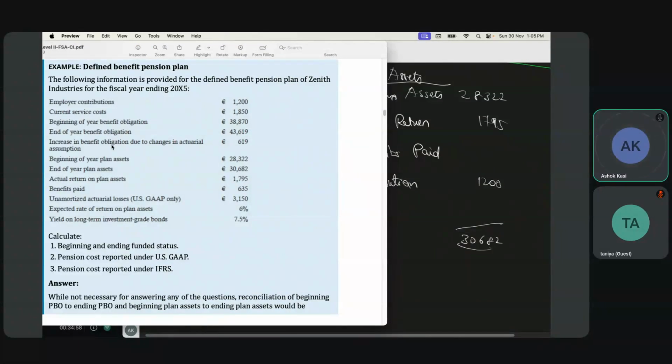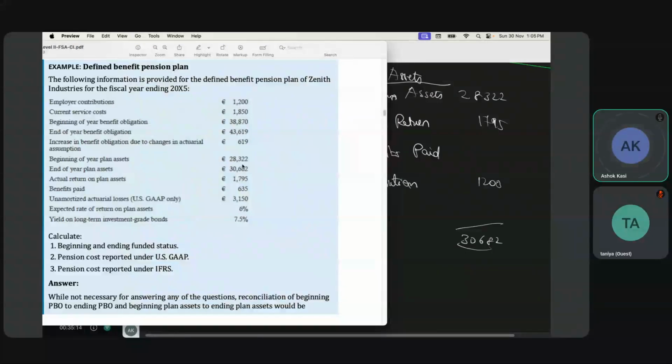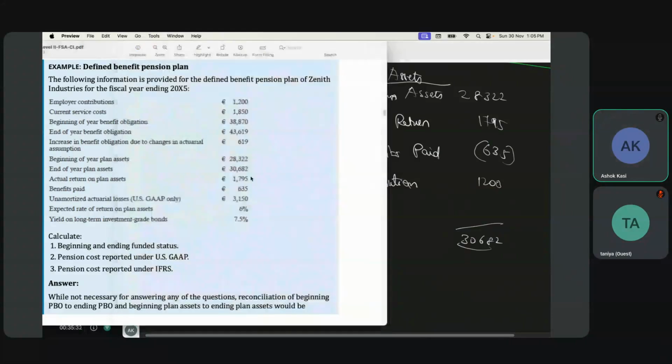Increase in benefit obligation due to changes in actuarial assumption, 29. Beginning of year plan assets. End of the year. Actual return on plan assets 1795. Benefits paid 635. Expected return 6%.